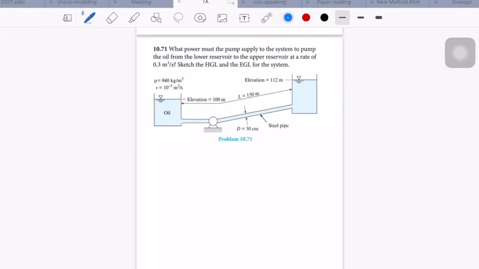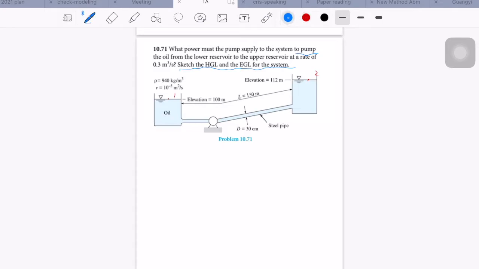For the third problem, we need to find the pump power and sketch the HGL and the EGL for the system. We are shown the reservoir surfaces. This reservoir surface is 1, and this reservoir surface is 2. We apply the energy equation between 1 and 2.